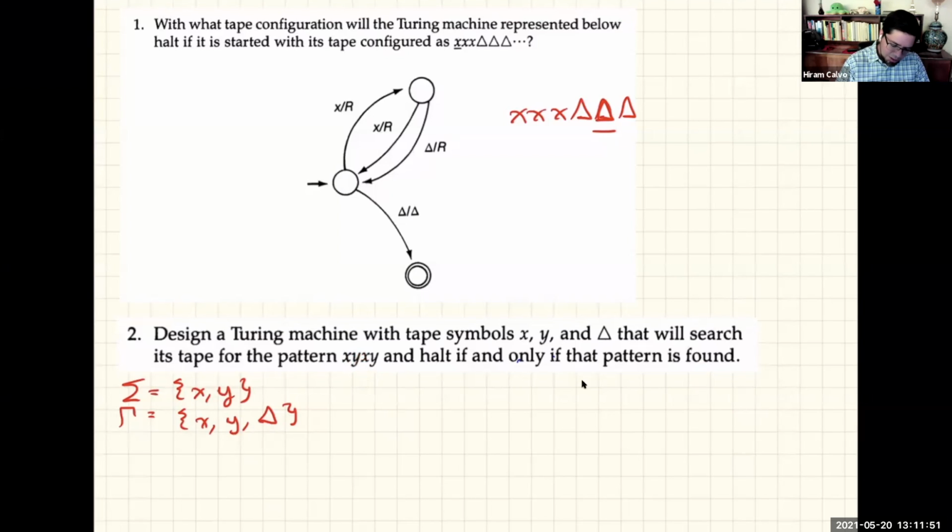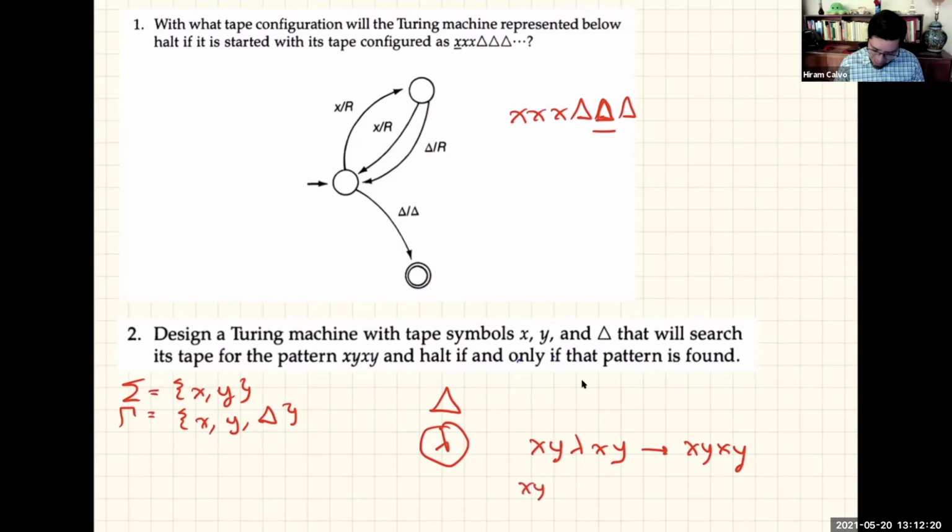That's also why this blank symbol is not the same as the empty string. If you have the empty string, you can have as many empty strings as you want. So you can have, for example, x, y, x, y, and this is equivalent to x, y, x, y. Perhaps there's a confusion, well, not confusion, but the question you have.